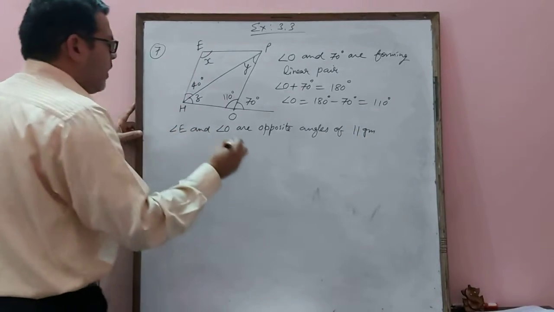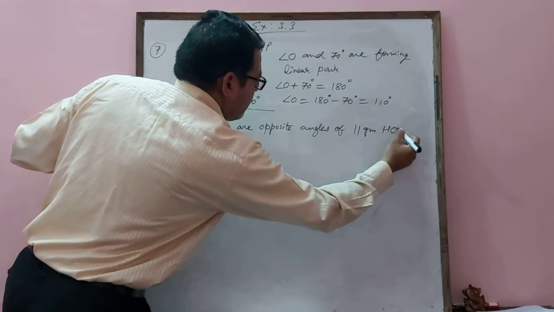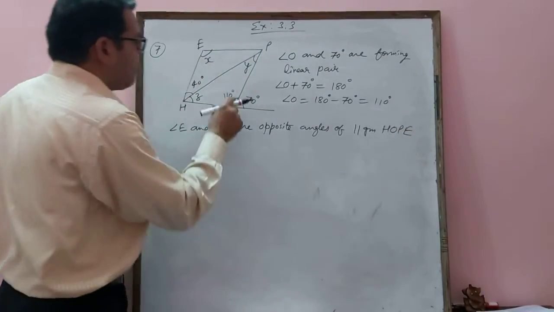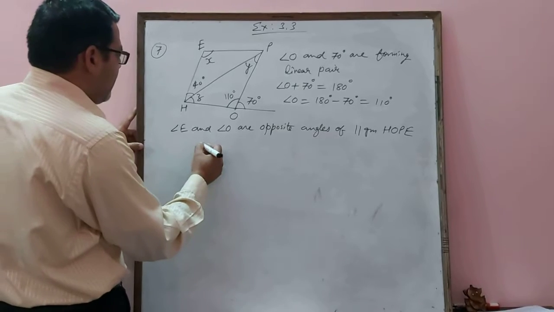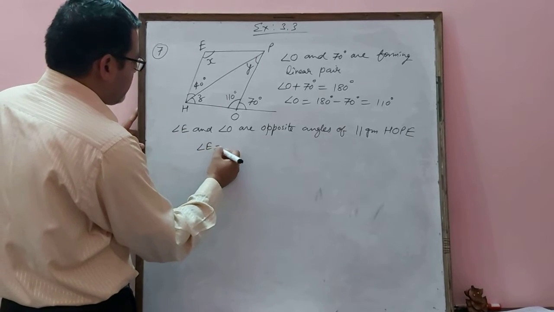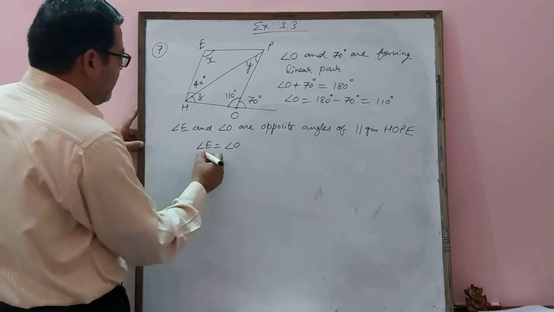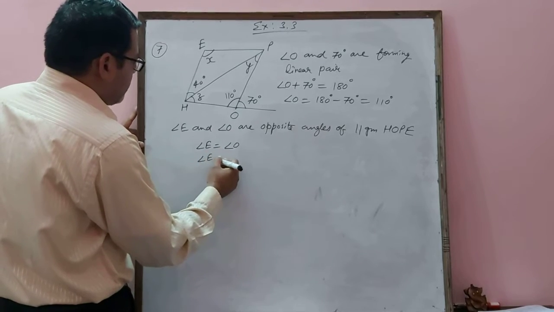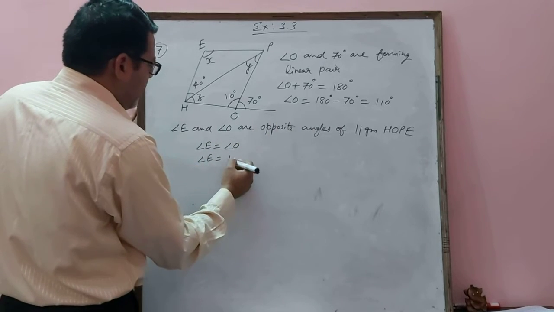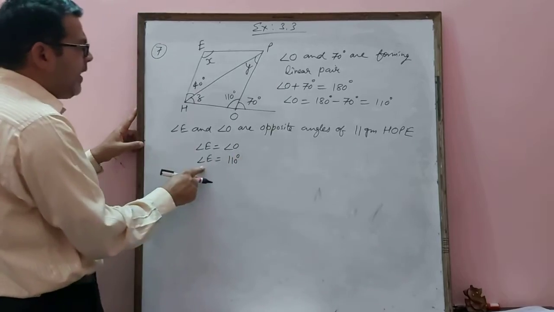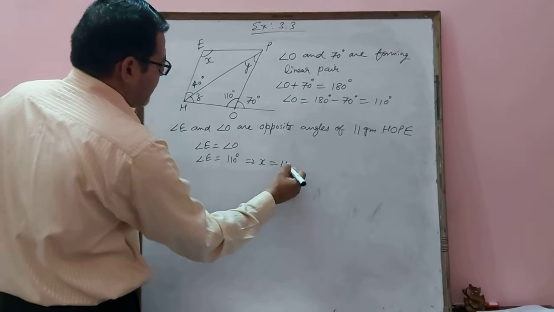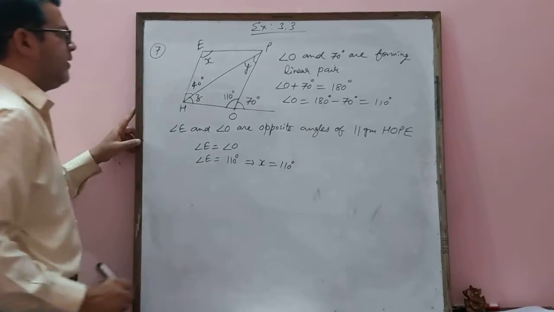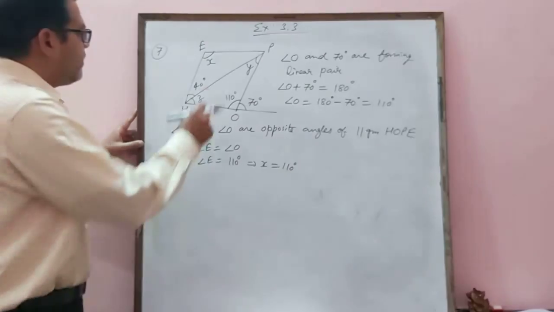What is your parallelogram? HOPE. These two are opposite angles. So we know that opposite angles are always same. It means angle E equals angle O. So that is angle E equals, what is angle O? Angle O is 110. And what is angle E? Angle E is X. So therefore the value of X is 110. Right? This is the value of X.